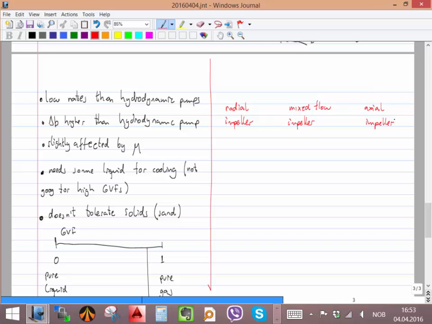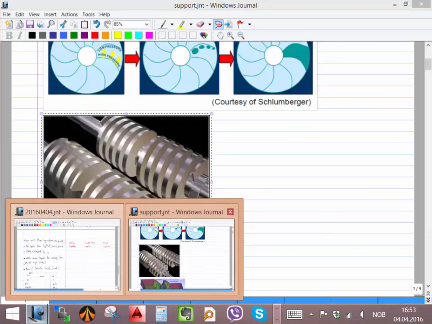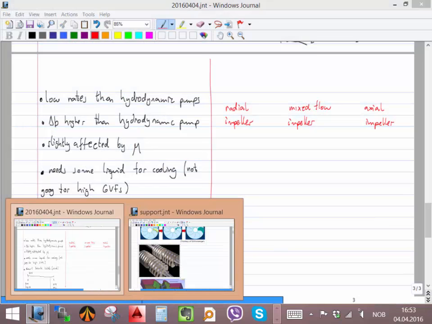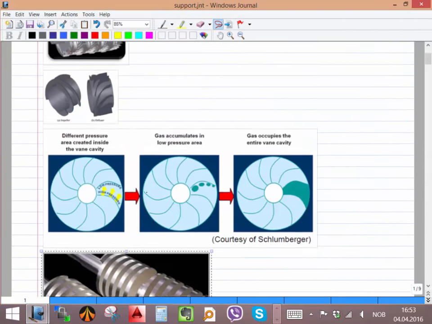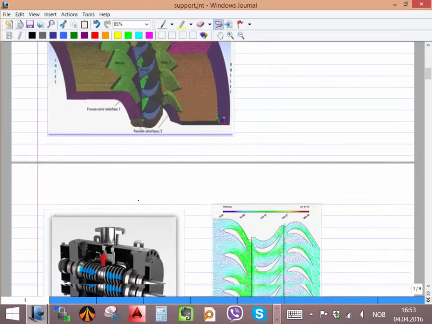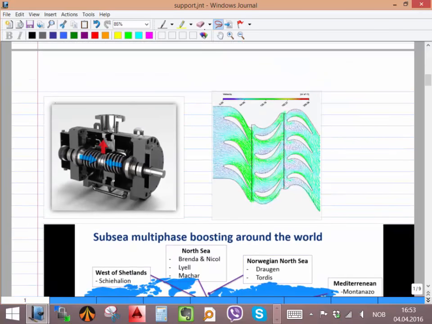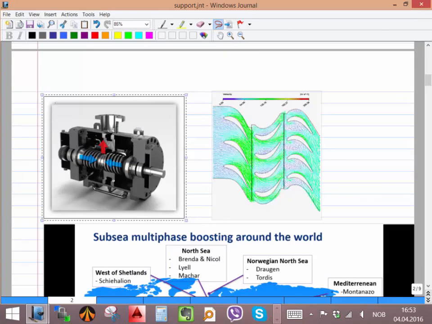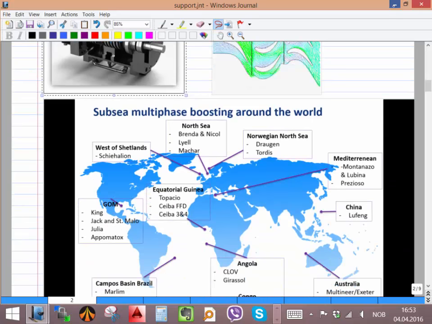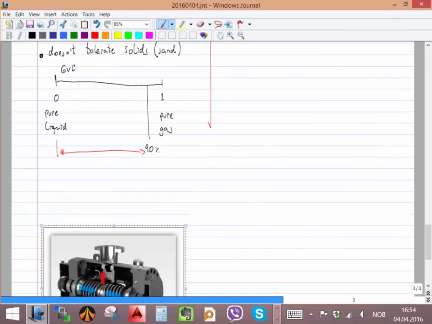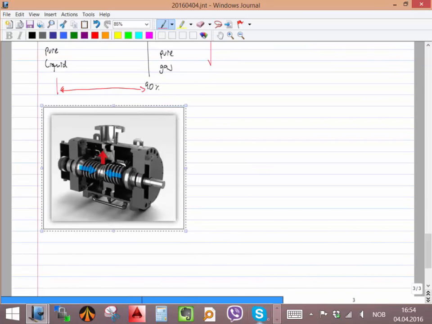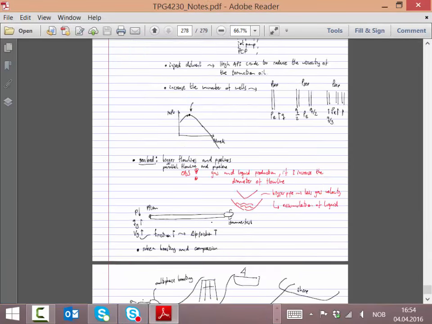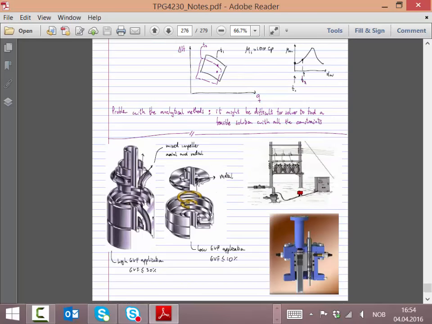Okay, the radial impeller, I think you have seen already with the ESPs, where the fluid goes in the center and then changes direction abruptly, goes 90 degrees and goes to the outer side. I think we have a picture someplace. Yeah, we can take it from last class maybe. Okay, like this type.